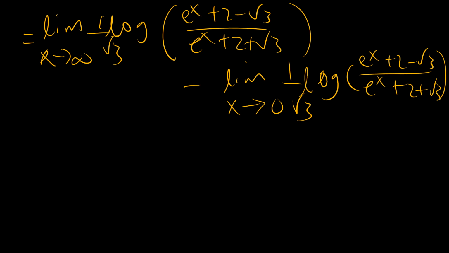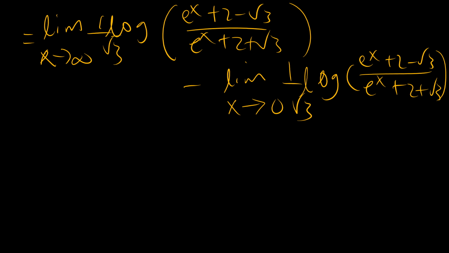So as x tends to infinity, what is easy to see is that this tends to 1, because they diverge at pretty much the same rate.